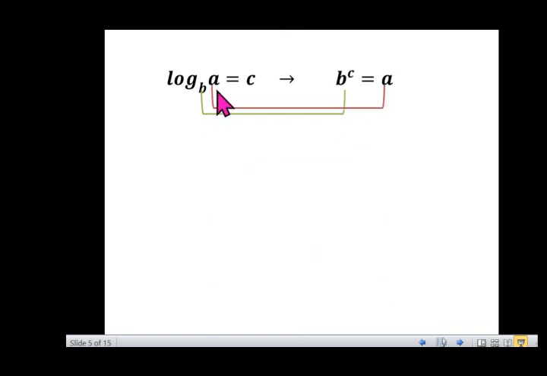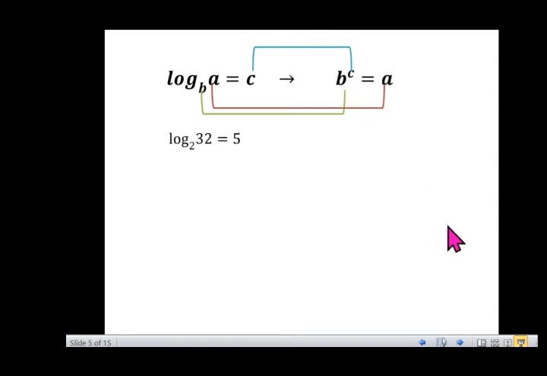The variable a in your logarithm will become the answer to your exponential. And the answer to your logarithm, which is the variable c, will become the exponent of your exponential.